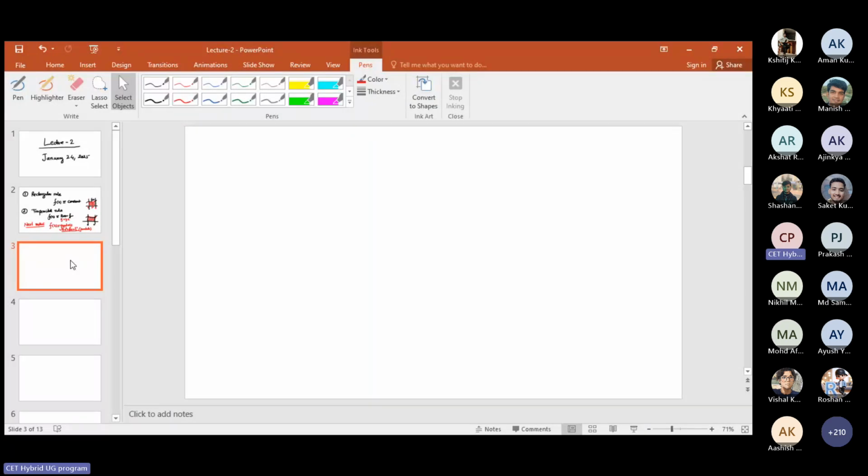So first things first, without getting into the details, I will try to give you an example, and later on I will tell you how that formula has come. Yesterday we wrote the formula for Simpson's 1/3 rule.